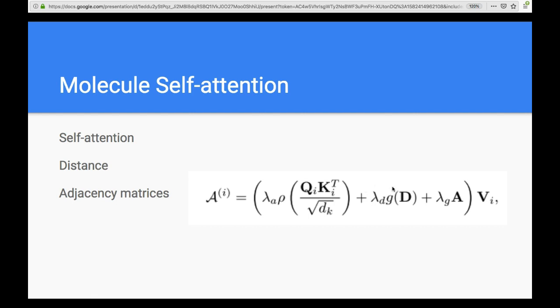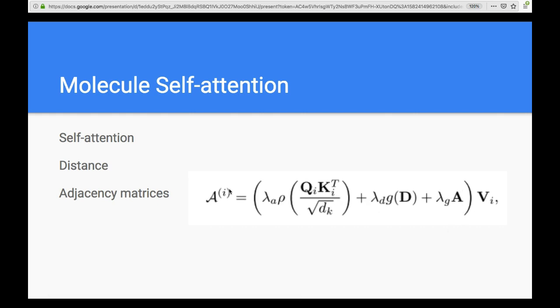So this paper actually modified this. They add two more terms to the attention mechanism. The first term is originally from the vanilla transformer, and they use the lambda values to adjust the importance of each factor in deciding attention.